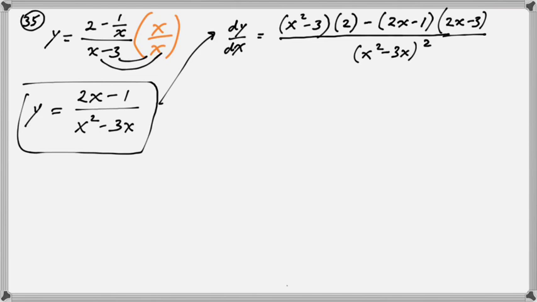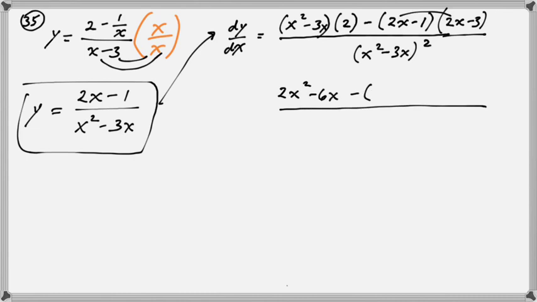Let's clean this up. This will give me 2x squared minus 6, right? Wait a minute. The bottom is x squared minus 3x, right? So it's x squared minus 6x. The bottom times derivative of the top minus top derivative of the bottom. Yes. Okay, minus, use parentheses and clean this up.